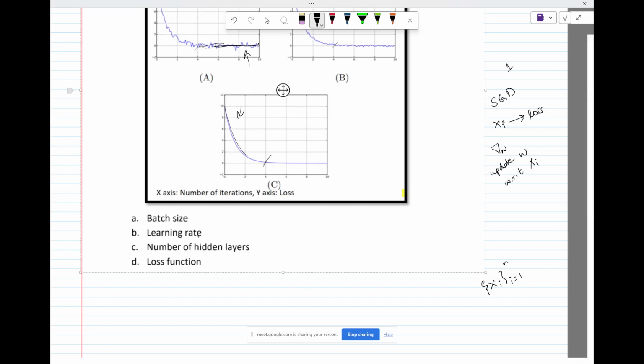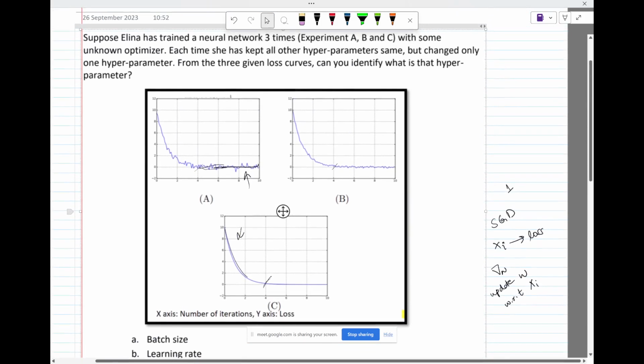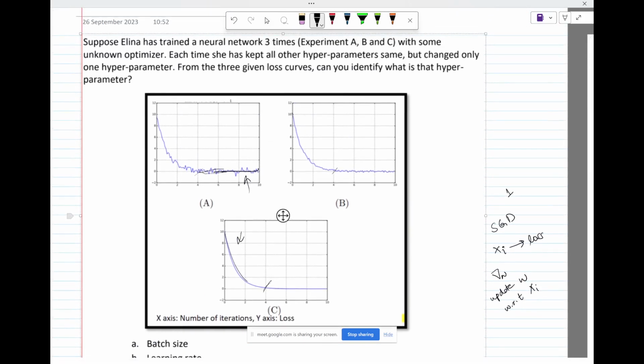B is like changing learning rate. So if you change the learning rate, then definitely this should change. Like it may become something like this for a smaller learning rate. For a higher learning rate, it may become something like this. This can be for a higher learning rate.